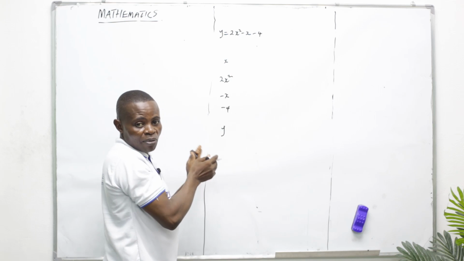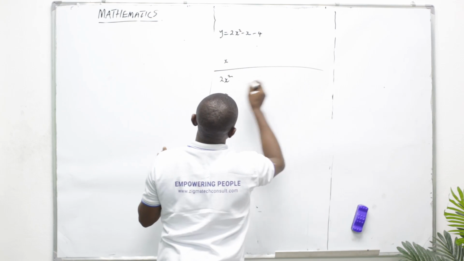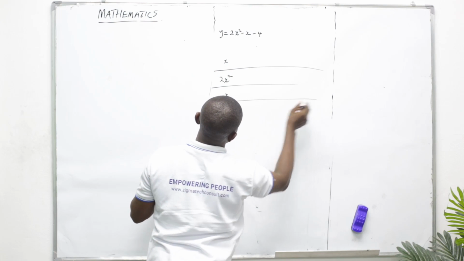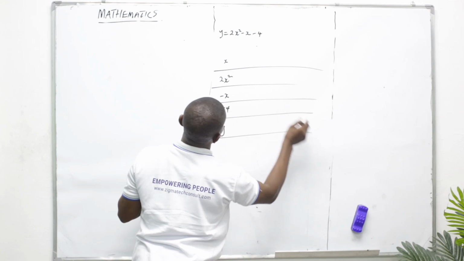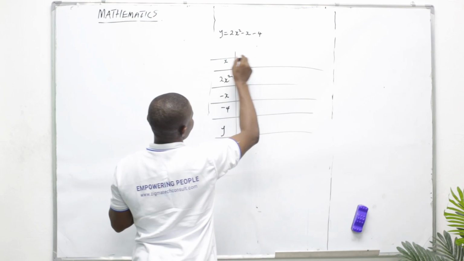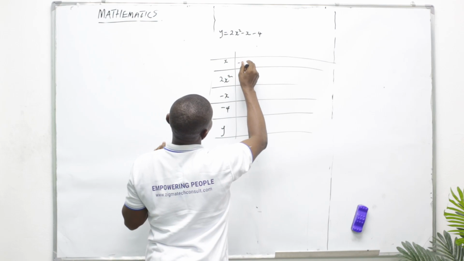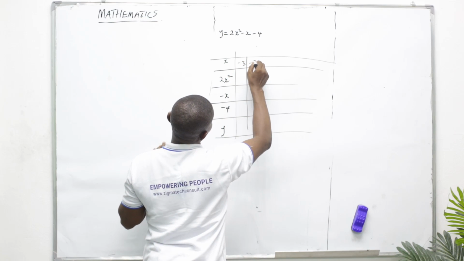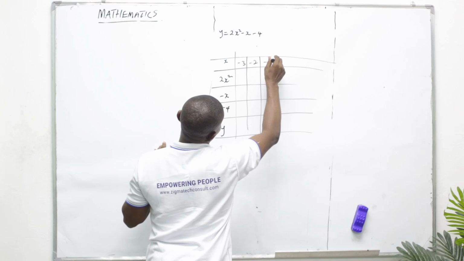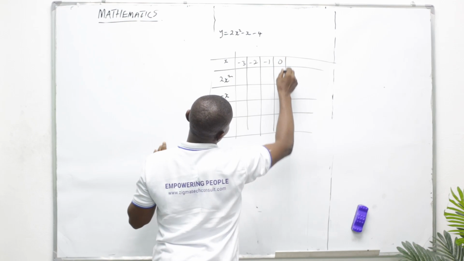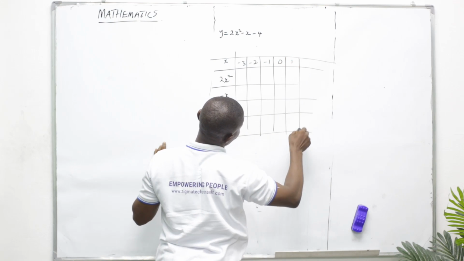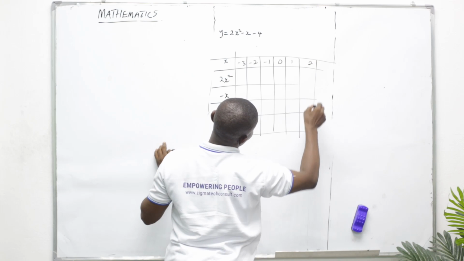This is your own table, that format you are using. The values of x have been assigned to you: minus 3, minus 2, minus 1, 0, 1, 2, 3.